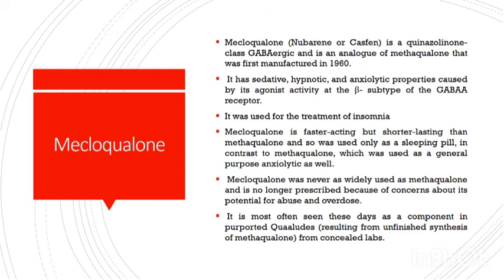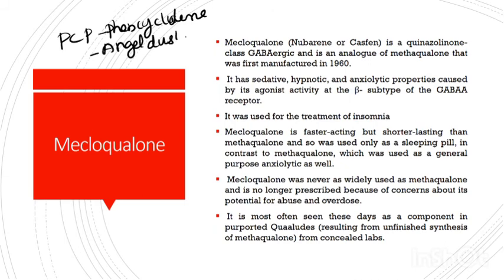That is one, and so many other examples are also there, like phencyclidine. This is called PCP. PCP is also known as angel dust, or killer weed.